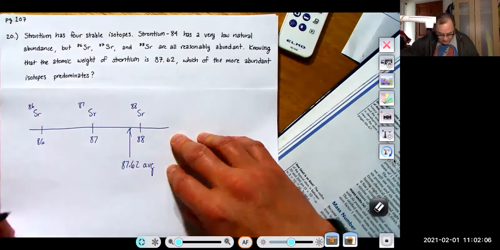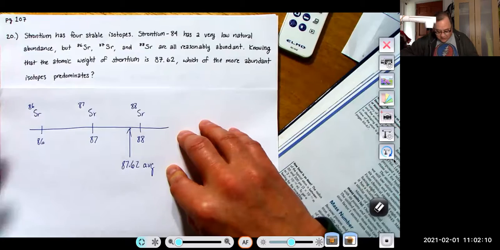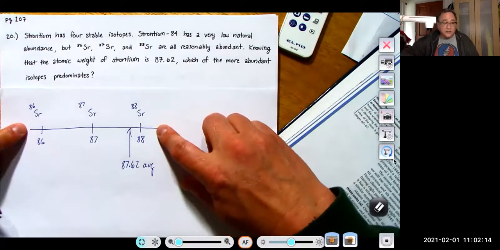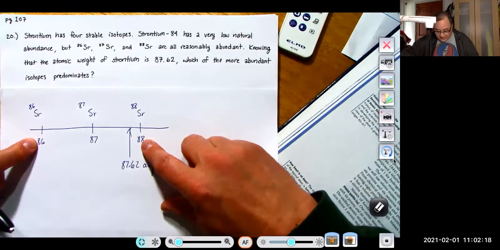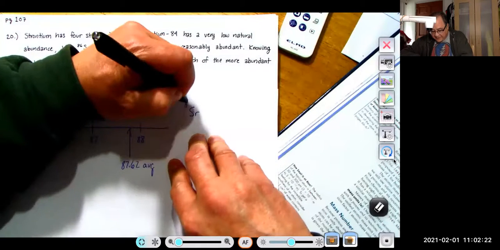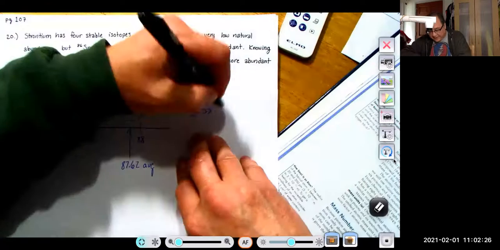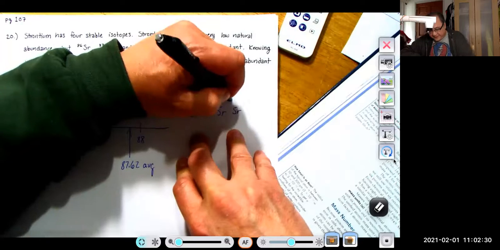And then there's 84 way off here, but it's very small. How is it possible that the average mass of strontium is so large when there's these 3 isotopes? And the answer is strontium 88 is much greater in number than strontium 87 or strontium 86.